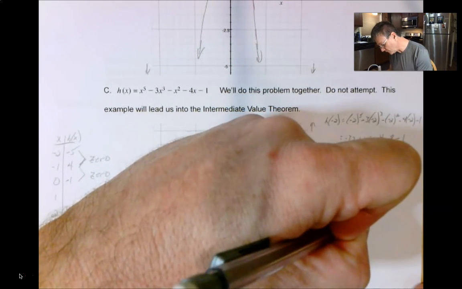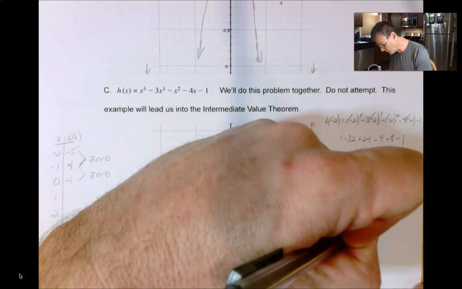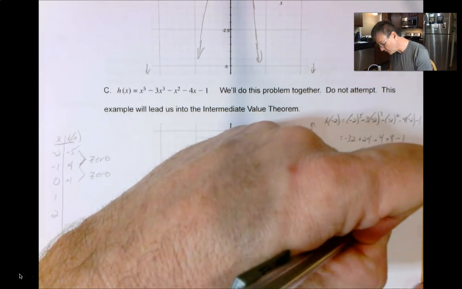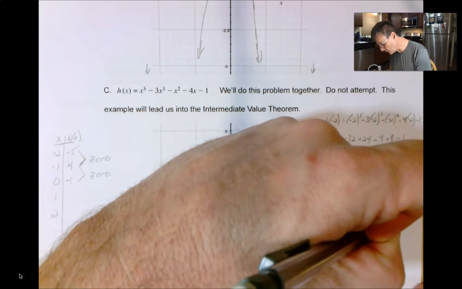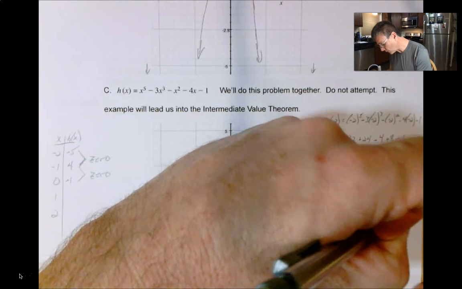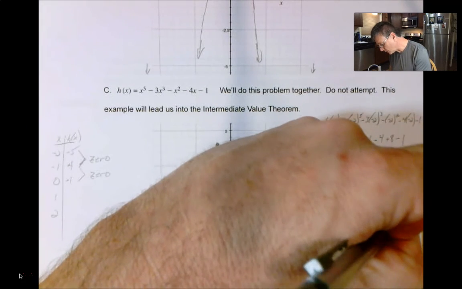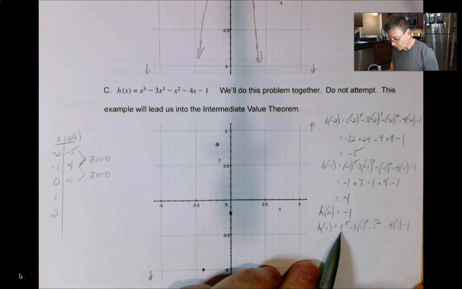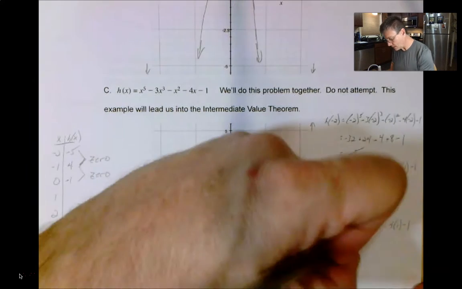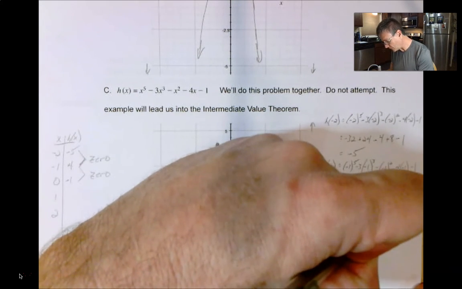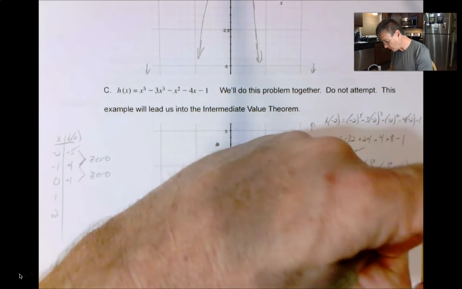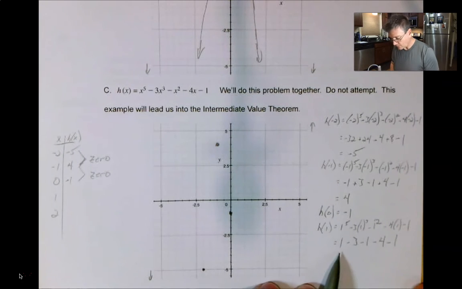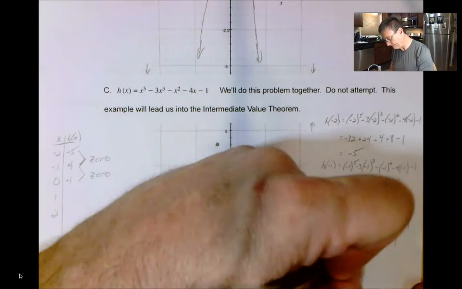So 1 to the 5th minus 3 times 1 cubed minus 1 squared minus 4 times 1 minus 1. 1 minus 3 minus 1 minus 4 minus 1. 1 minus 3 is negative 2, negative 3, negative 7, negative 8.